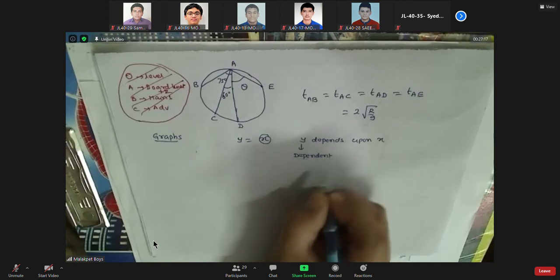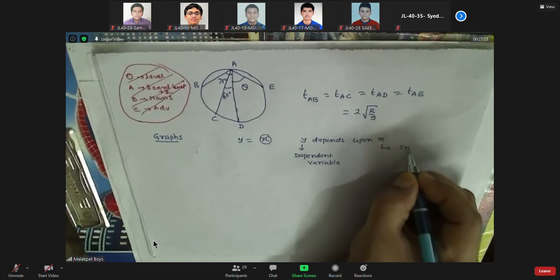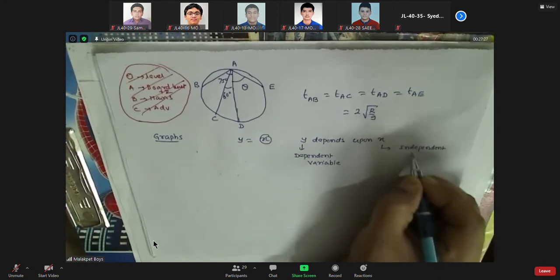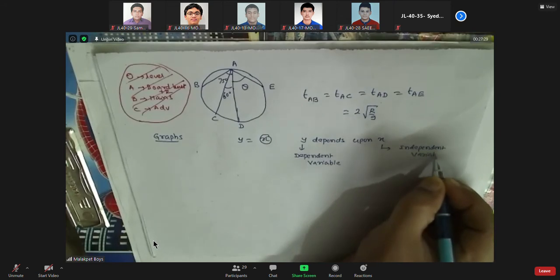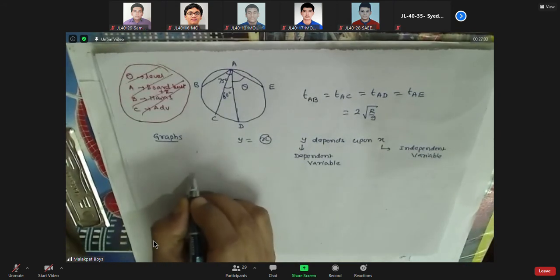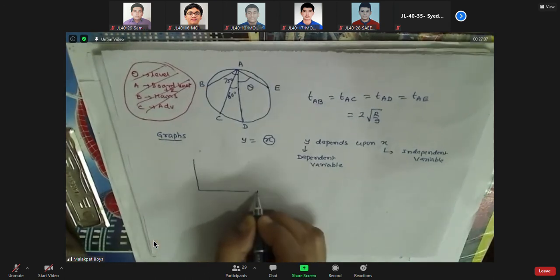What is called the dependent variable? And what is x? Independent variable. Now, when we draw a graph, we usually take the independent variable here.